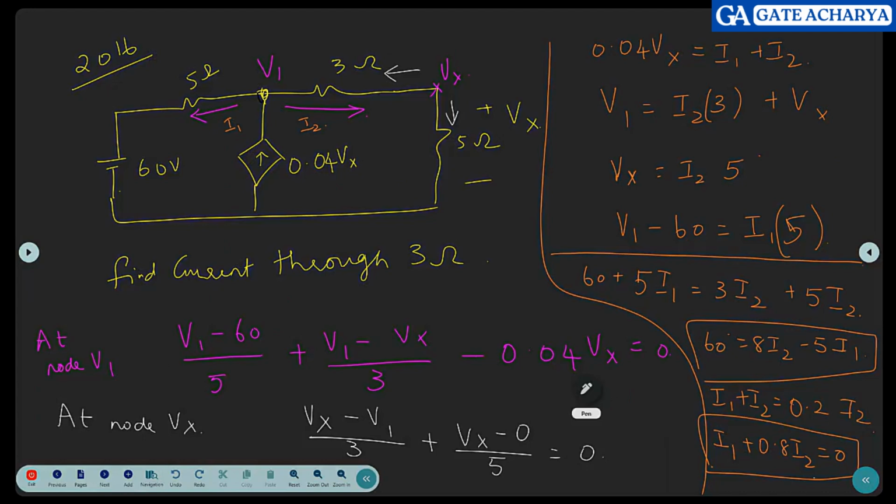To solve this, get I2. That's all we are interested in. We are interested in I2, yes. See, this is one way to solve. This is just another way that I just thought of.